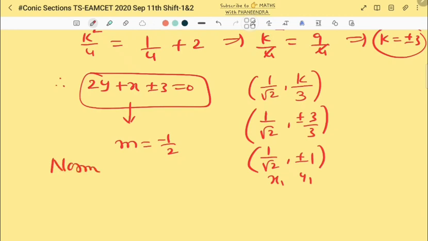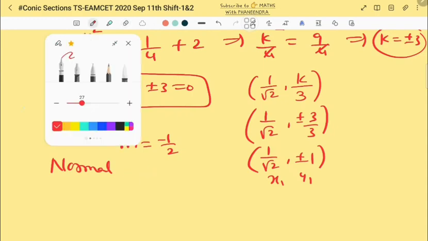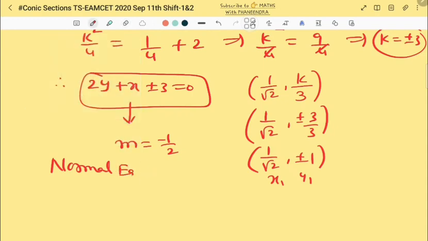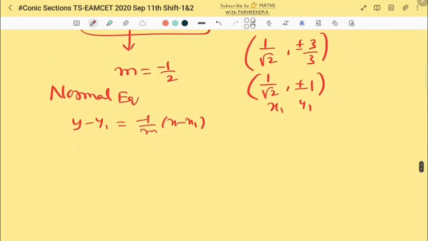Normal slope will become... I am writing the normal equation directly, dear students, the general way, for easy understanding. Normal equation: y minus y1 equal to minus 1 by m into x minus x1. So y minus of plus or minus 1 is equal to minus 1 by minus 1 by 2, which is 2, into x minus 1 by root 2. So take LCM here.